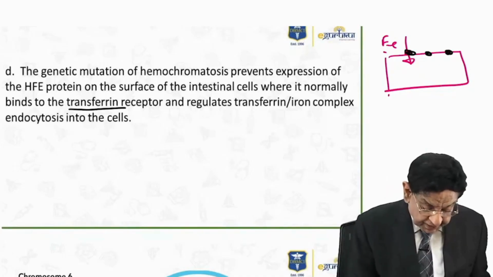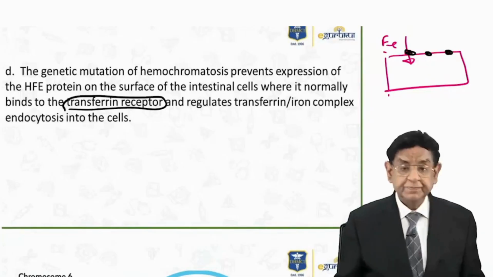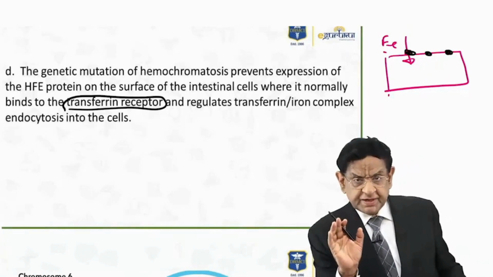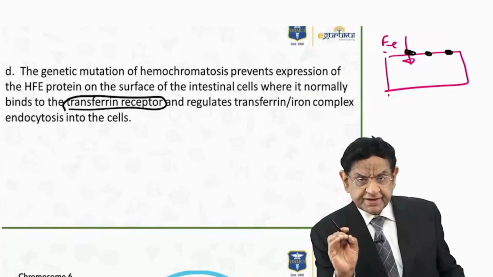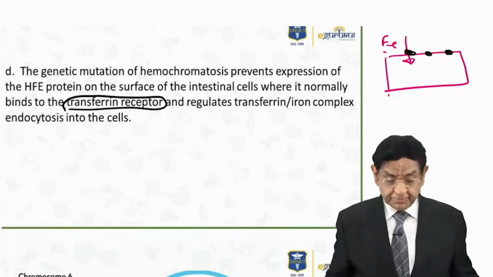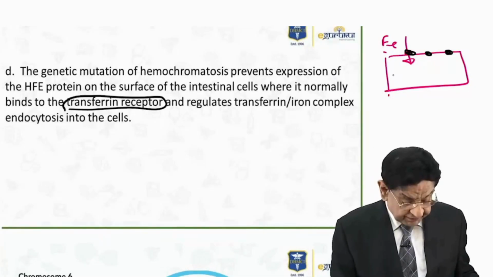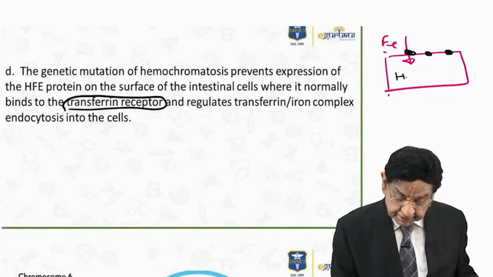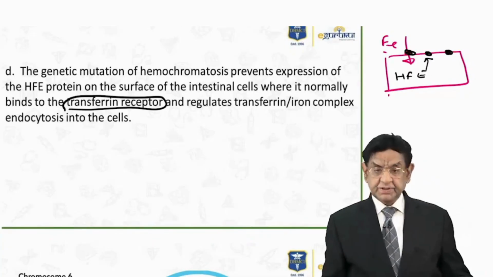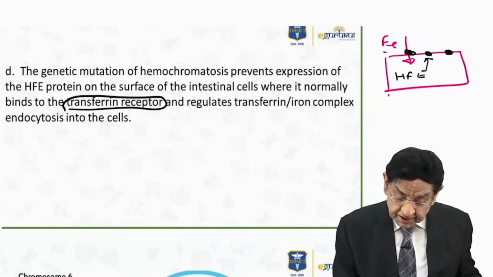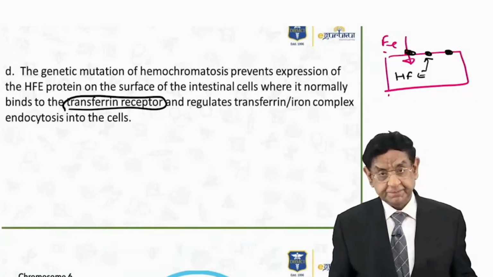Transferrin receptors are there on the surface of the cell facing the lumen. Now normally this HFE protein will regulate iron absorption by the transferrin receptor.